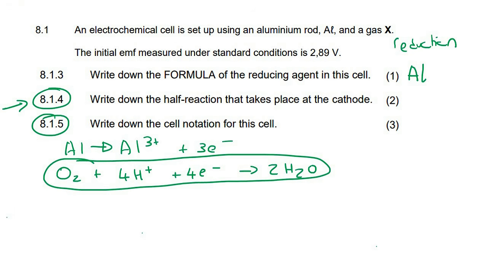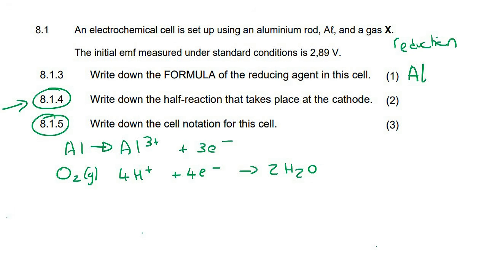This question says write down the cell notation. So remember, with cell notation, oh yes, and we know that this is a gas. With cell notation, you're going to have a salt bridge over there, and then you're going to have all the different phases of your anode, and then all the different phases of your cathode. In your anode, you always put your solid first, so you're going to have aluminium as your anode.